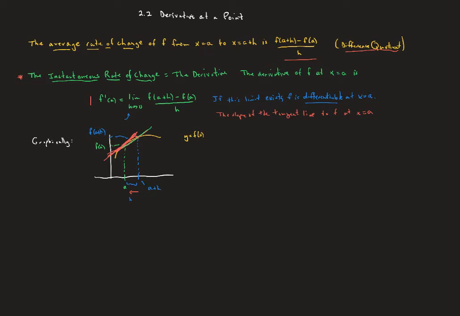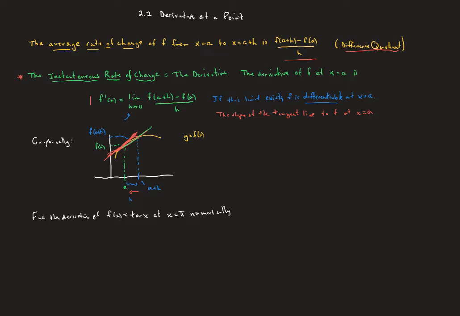Okay, so let's see what we can do so far. We can find the derivative of f of x equals tangent x at x equals pi, and we're going to do this numerically.